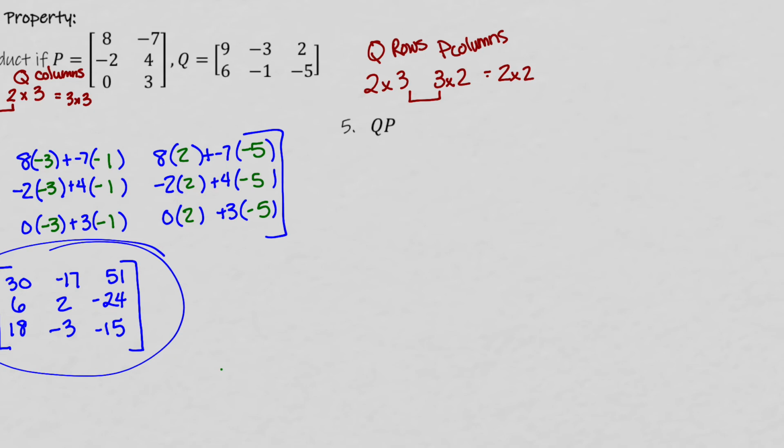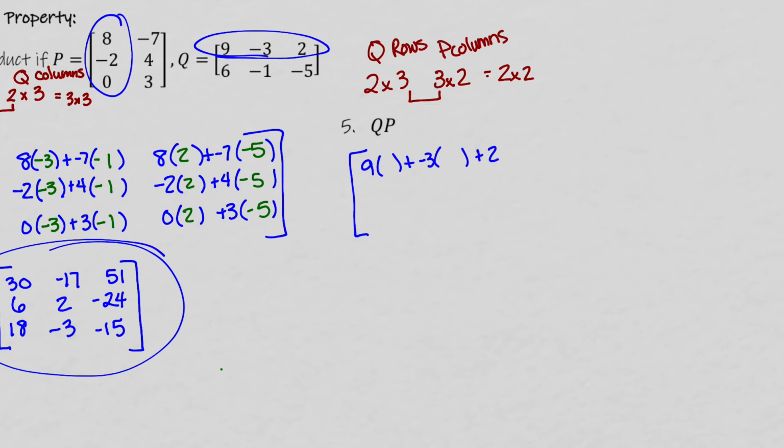All right, so we're going to start with the first row and then the first column, okay? So first row is 9, going to multiply by something, plus a negative 3 multiplied by something, plus a 2. Now this column is positive 8, negative 2, and 0.